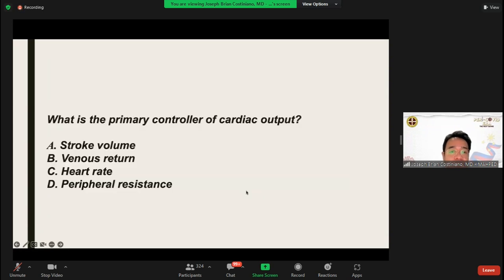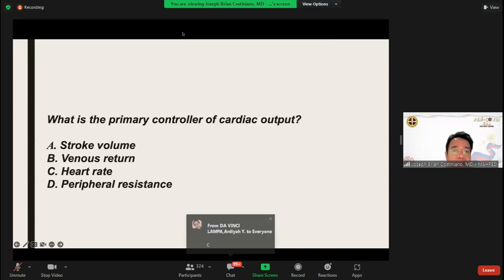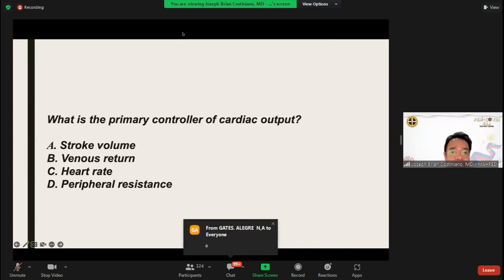Okay. What is the primary controller of cardiac output? Is it A, stroke volume, B, venous return, C, heart rate, or is it letter D, peripheral resistance? What is the primary controller of cardiac output? Meaning any changes in this one will change your cardiac output immensely.